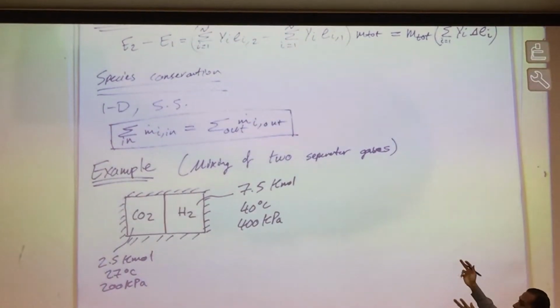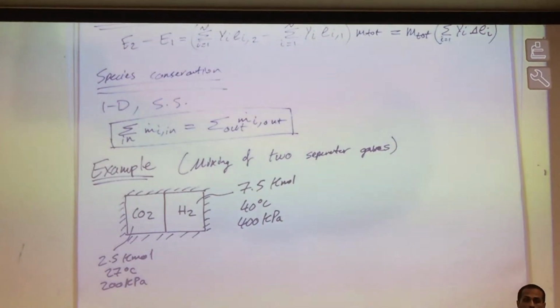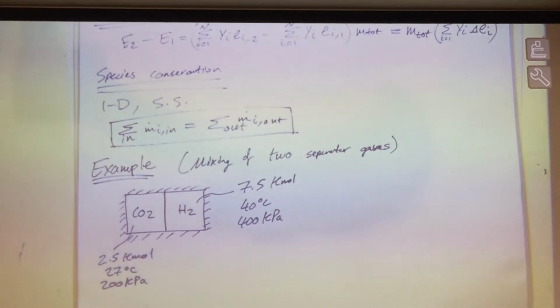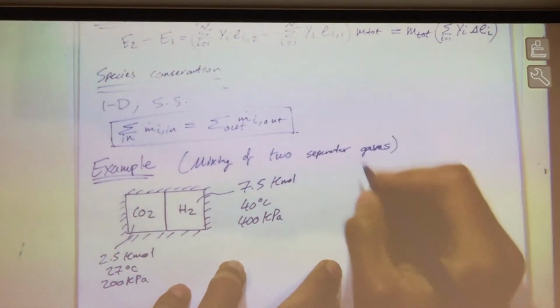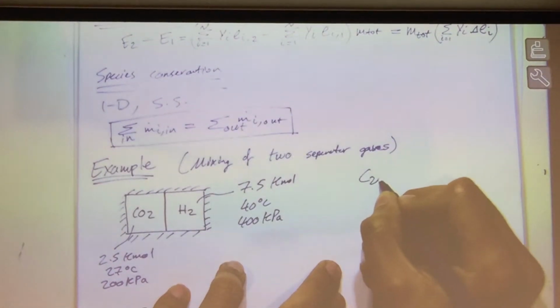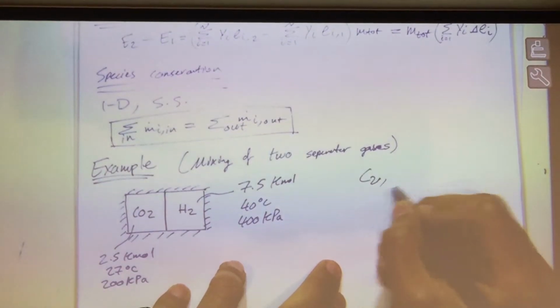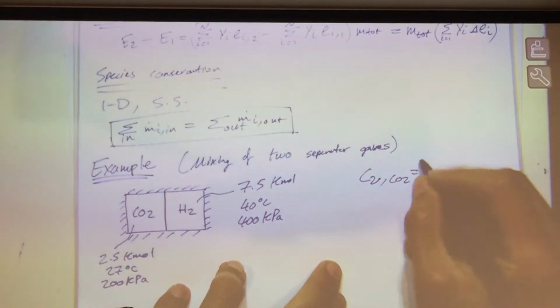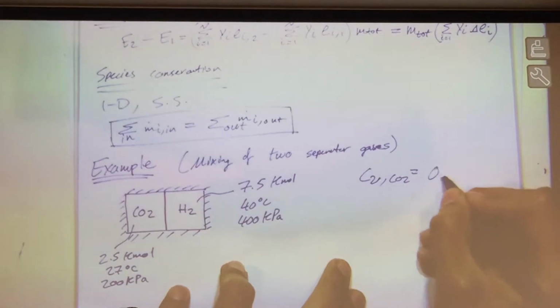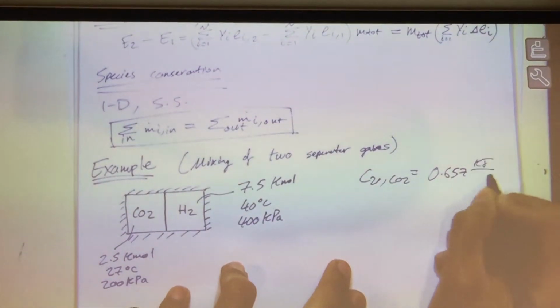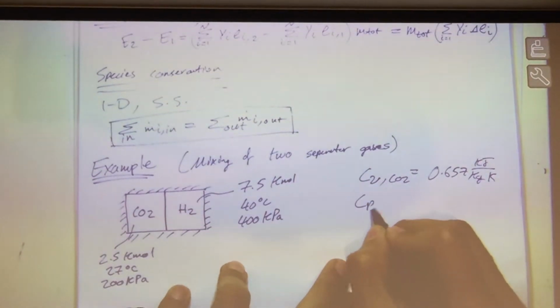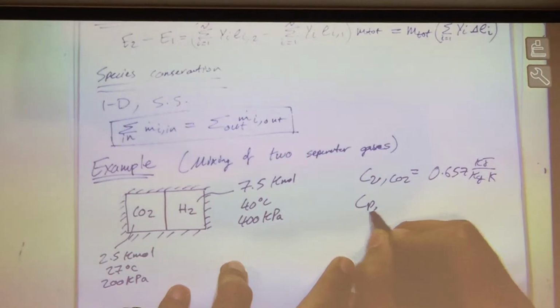So when I listed kilomoles, what is that? Well, wait. Let me write all the inputs and then we'll talk about it. What is the other one? The specific heat at constant volume for CO2 is equal to 0.657 kilojoules per kilogram Kelvin.